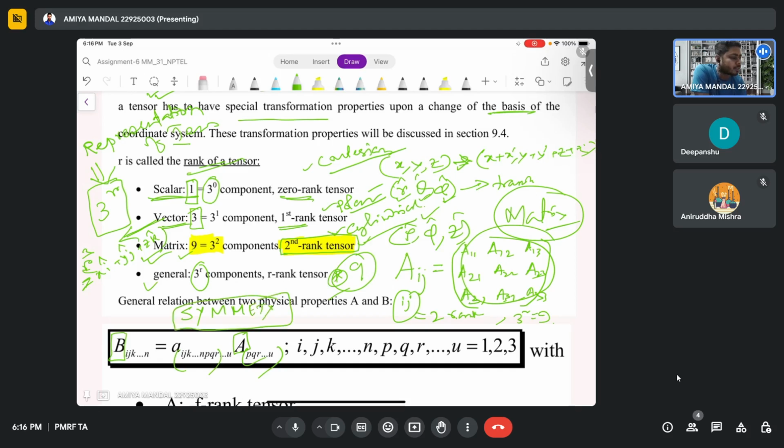Based on its symmetry, the component values, 3 to the power r, will vary.